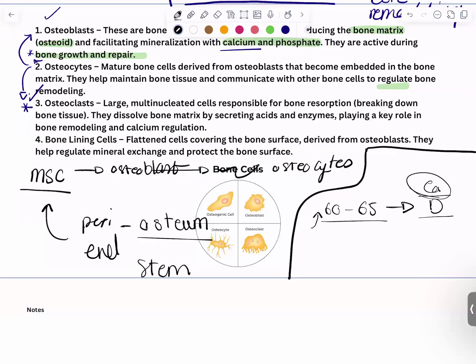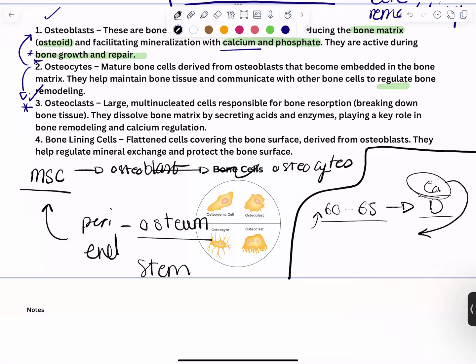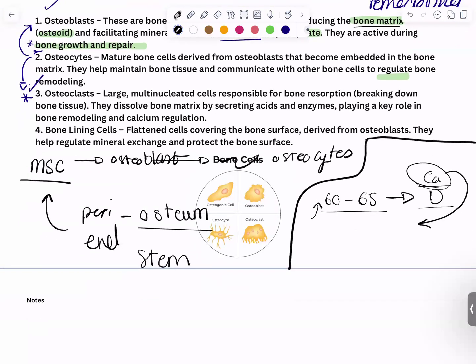Calcium is a very important ion. Next week you will understand that for muscle contraction, every single time you need the calcium. So your body will send a message to the bone, saying, hey dude, we need calcium. The bone will say, I need the calcium for the bone matrix. The body says, I know, but if I don't have this, I cannot do the contraction of the muscles, and the body will have some problems.